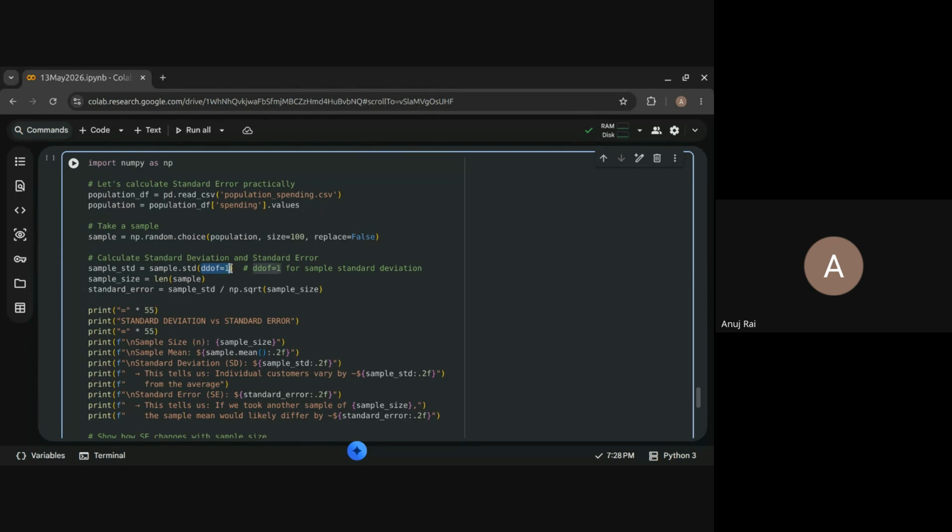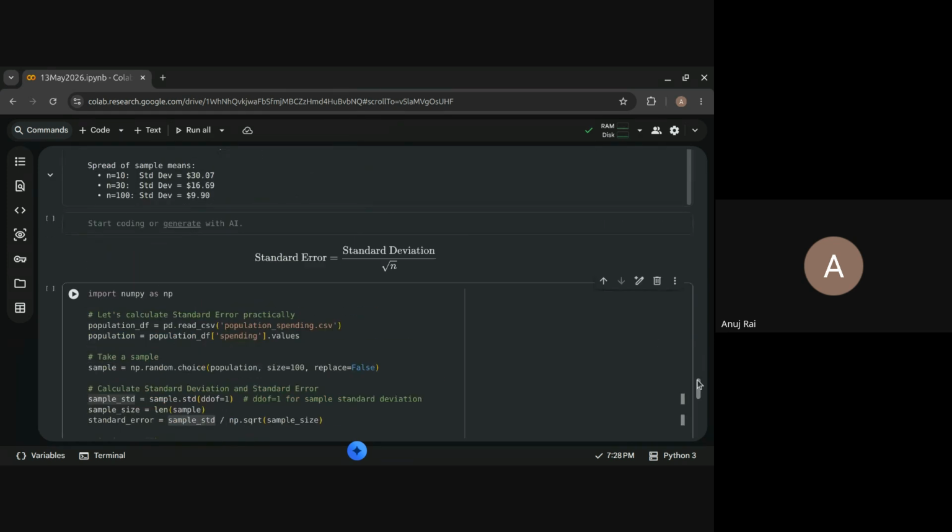Setting ddof equals 1 tells NumPy that you are calculating the standard deviation for the sample data. In this way, you get the sample standard deviation. The sample size you get directly from the length.